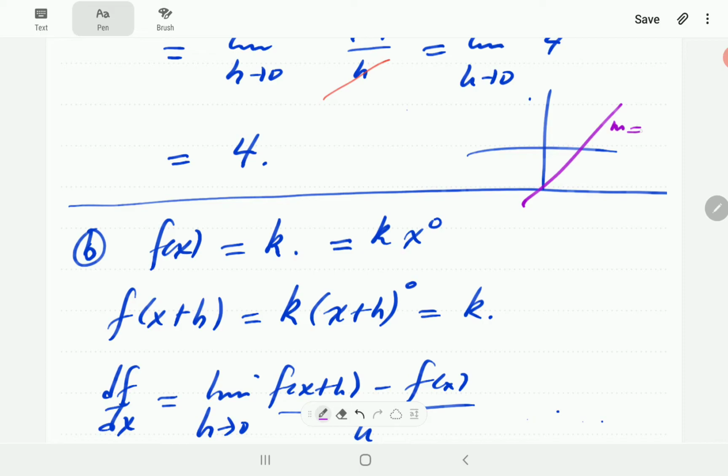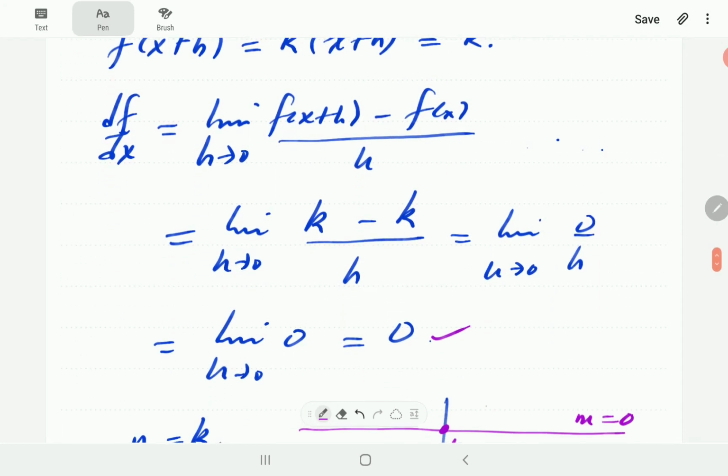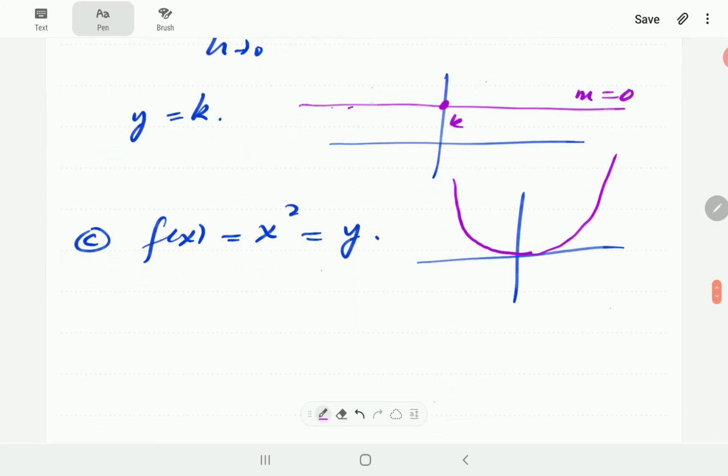But m is 4 at every point on this straight line. M is 0 here at every point. But here, as you go along this graph, the gradient changes. In particular, on the right hand side of the origin, gradient is positive. On the negative side, gradient is negative. For instance, that's positive gradient, that's negative gradient there.